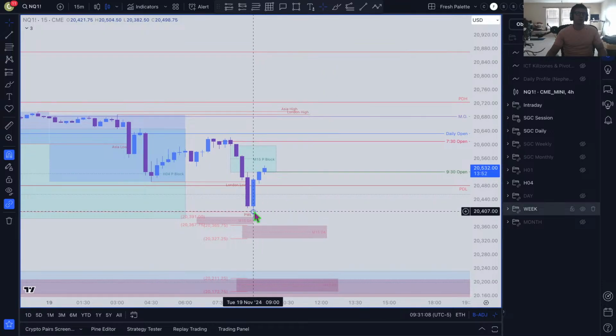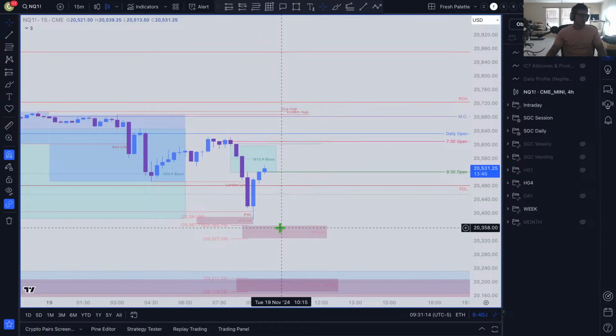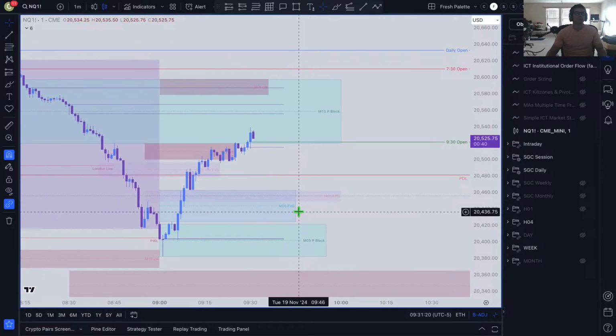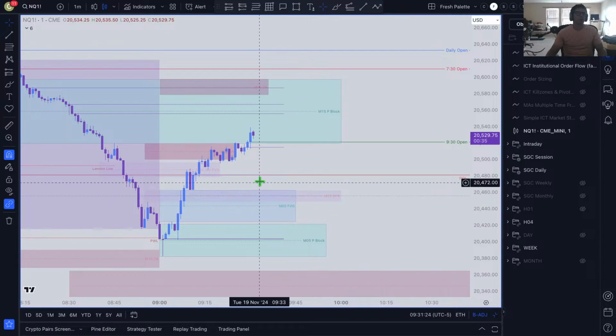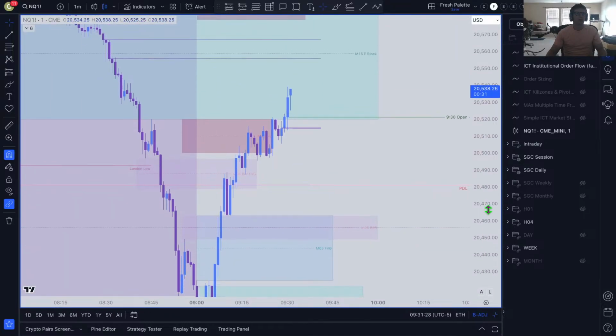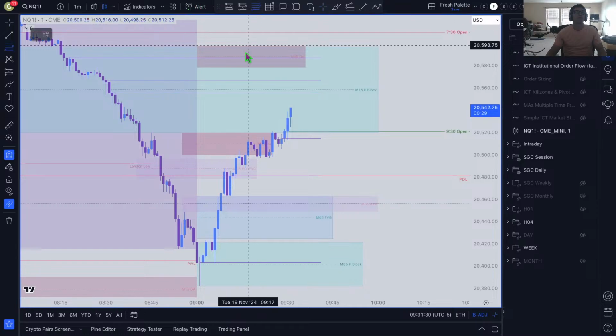And that was some serious sell side liquidity that we just grabbed, which was previous week low. Now, what I often look for, if I'm looking at things like this, is manipulation on the 1-minute and see where that distribution area is.